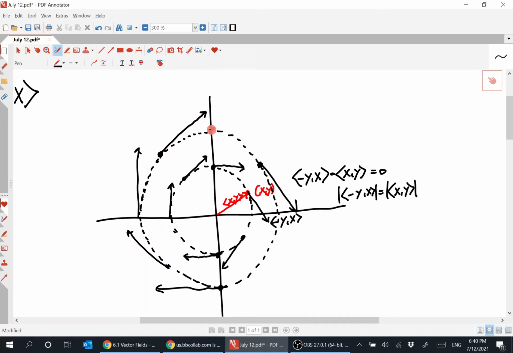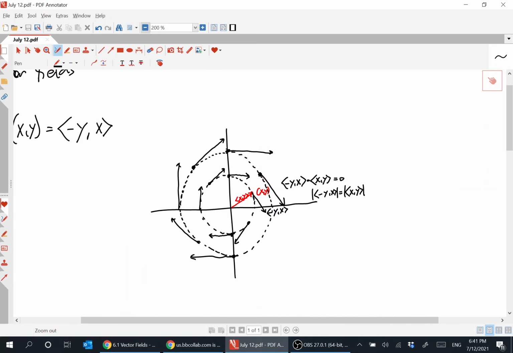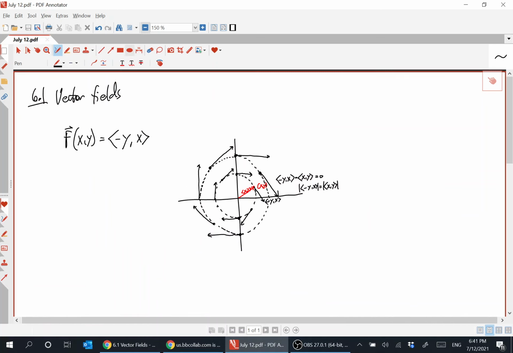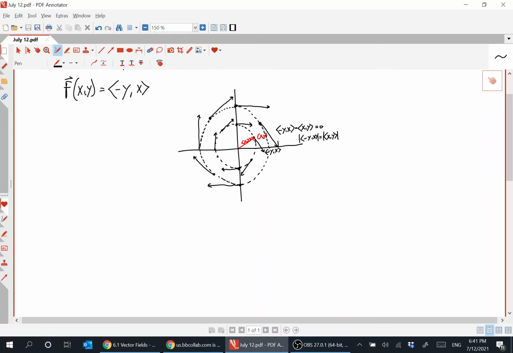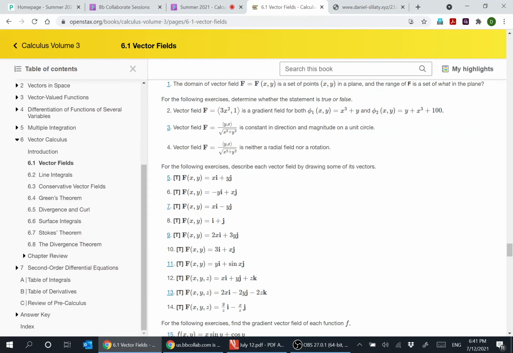So this is, I guess, a whirlpool-like vector field. Okay, that's number 6, and that's an important vector field, as we'll see later through different examples when we get to section 6.3.